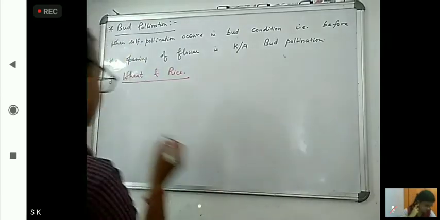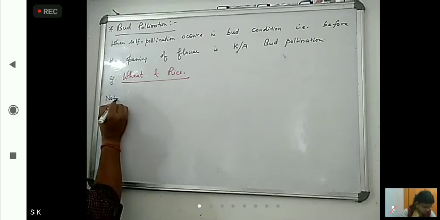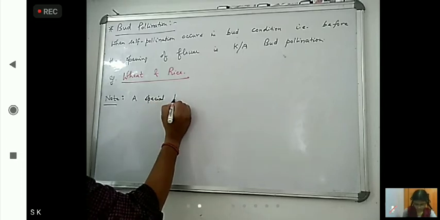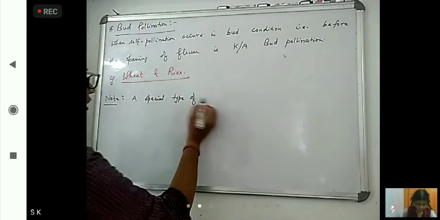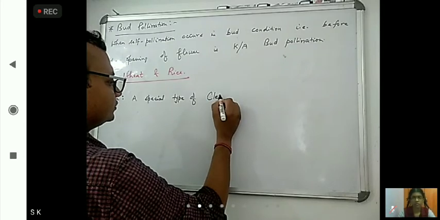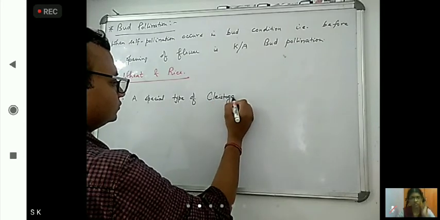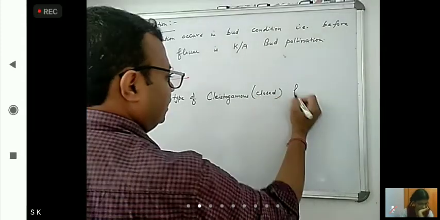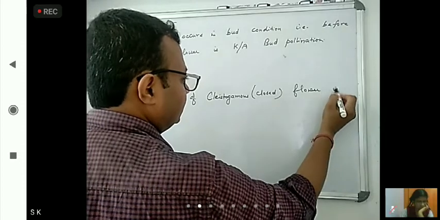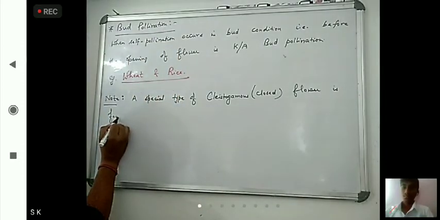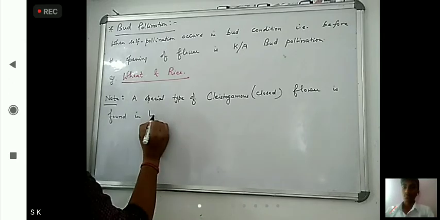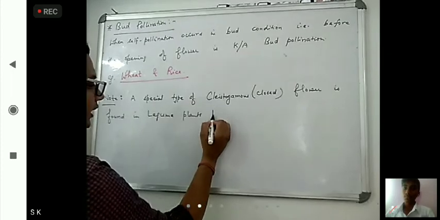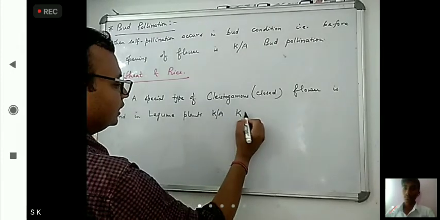A special type of cleistogamous, closed flower is found in legume plants, and that is known as kill.